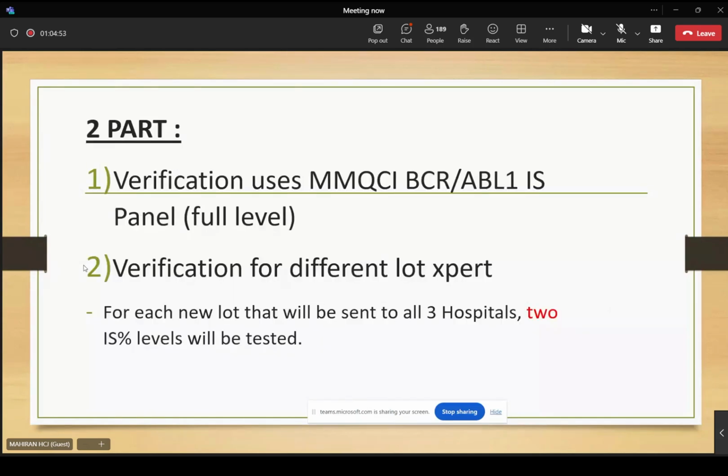So dekat sini yang tadi first tadi saya dah terangkan untuk yang full panel, dan seterusnya adalah verification for different lot expert. Maksudnya kat sini bila bertukar lot, 3 center ni perlu melaksanakan lot to lot sebelum menggunakan lot baru. So for each new lot, SPD akan hantar untuk 3 hospital ni 2 lot IS levels yang berbeza lah.